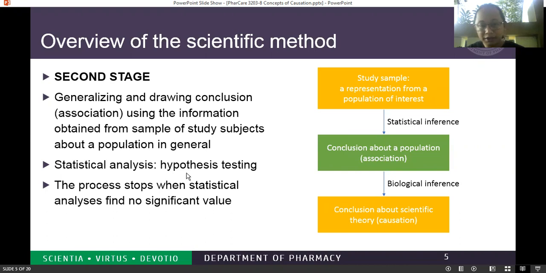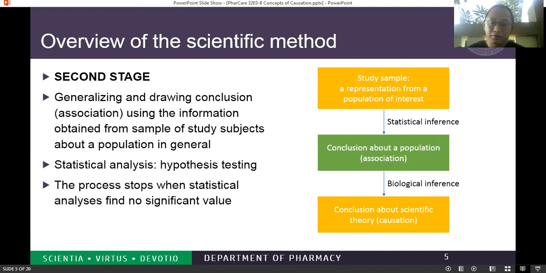The process actually stops here in the second step when the statistical analysis finds no significant value. So we cannot continue to the third stage if we do not find any significant value. But most often in pharmacoepidemiologic research, we may find significant value.